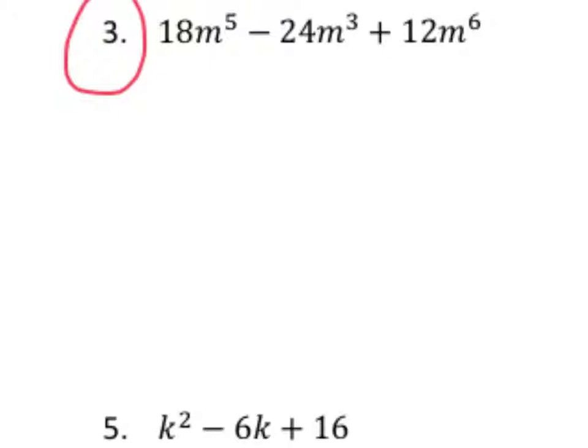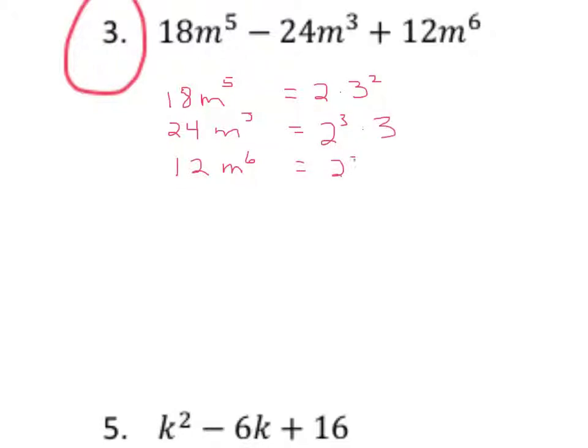The first question we ask is, is there a common factor? And in this case, let's do it the long way so that you can remember how to do this. I think we did this for this very problem on an earlier video. So we break up our coefficients into their primes. 18 is 2 times 3 squared. 24 is 8 times 3, which is 2 cubed times 3, and 12 is 2 squared times 3.